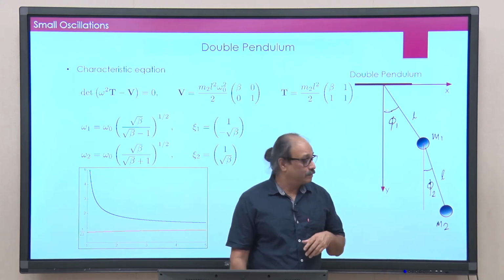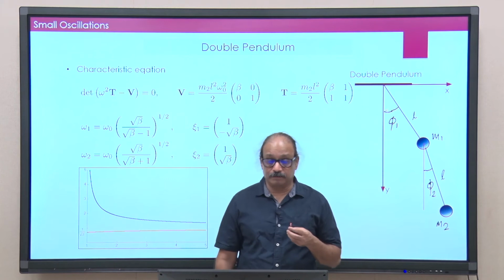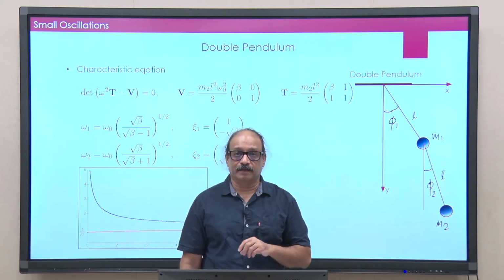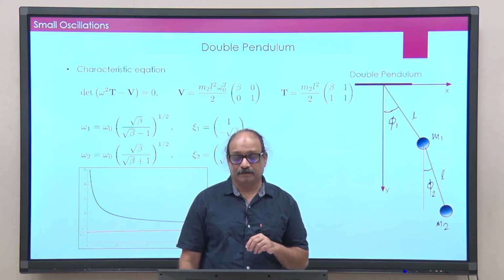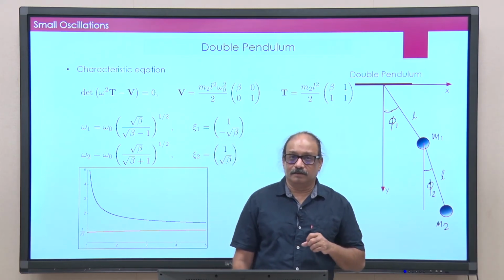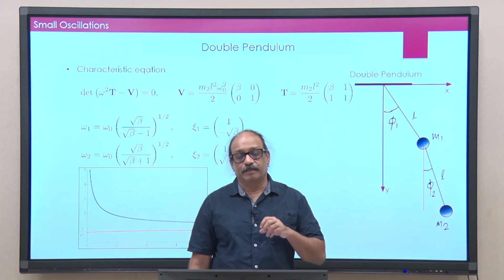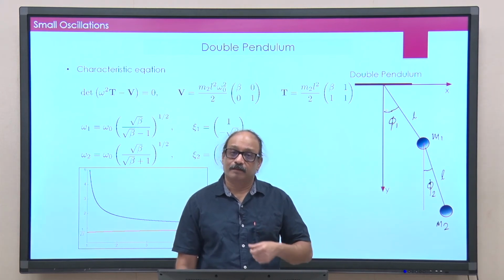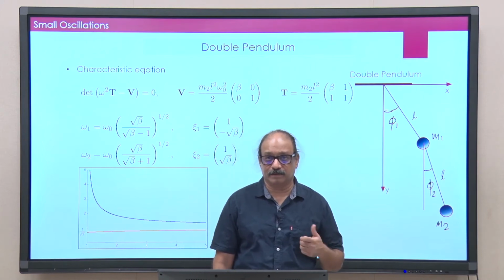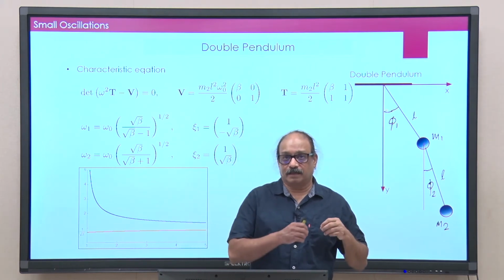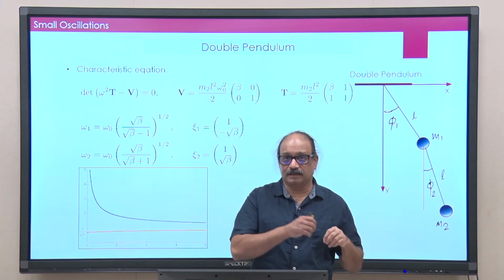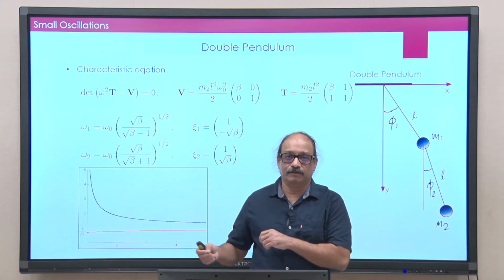Now, what will happen if m1 is very large compared to m2, then beta becomes very large. If m1 is very small compared to m2, beta comes close to 1. Okay. So, these are the two limits. Beta comes to 1 if m1 is far less than m2, and beta goes to infinity otherwise.